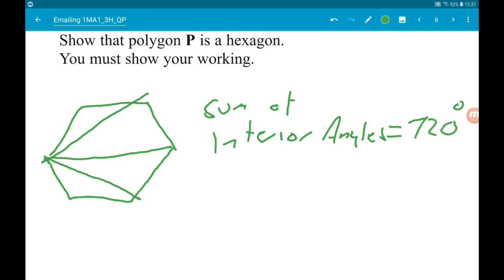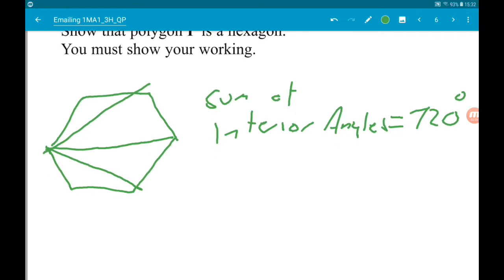Now, if it's a regular hexagon, all the angles are the same, so that means 1 interior angle is 720 divided by 6, which is 120 degrees.